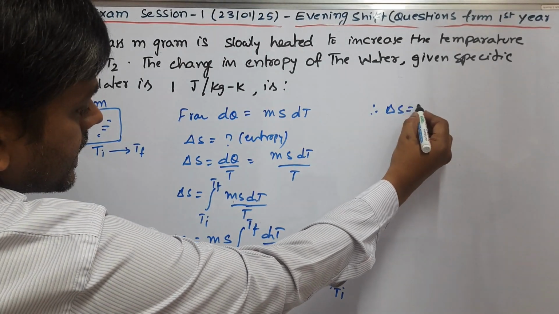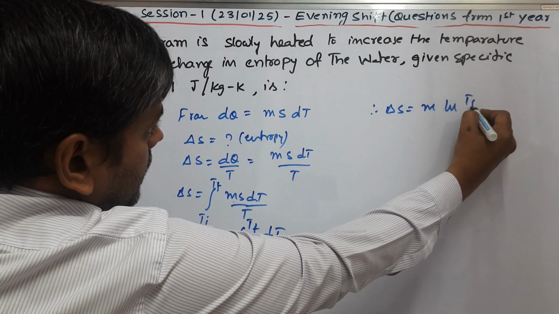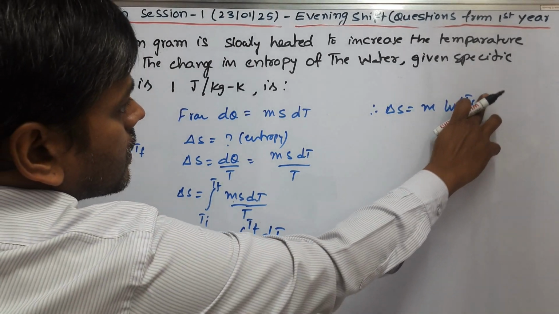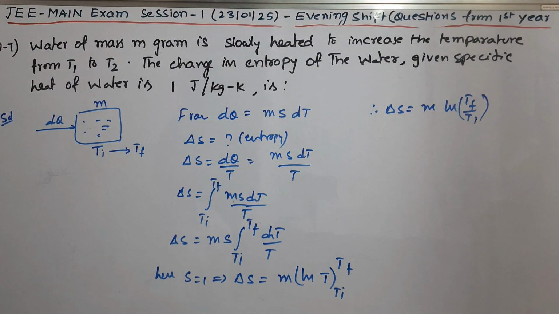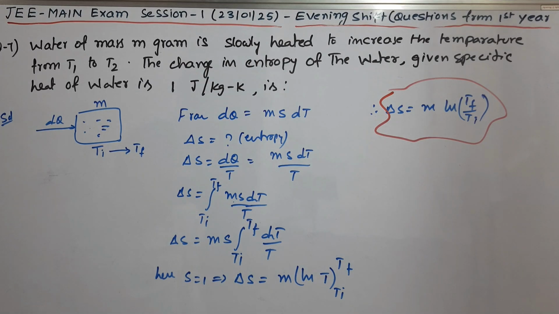Therefore, entropy delta S is equal to m s log Tf by Ti. This is the answer for this question. So this is the entropy. Okay, that's it.